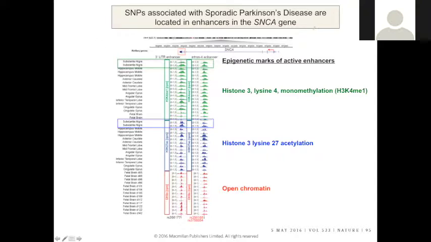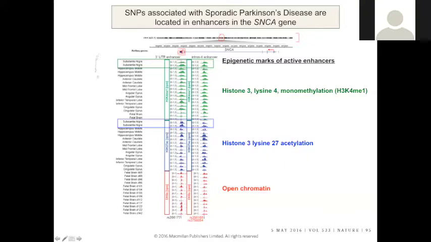So what we see is, here is our chromosome, and it's chromosome 4, and this little red dash that we see here indicates the location of the gene SNCA that encodes the protein alpha-synuclein. There is an enhancer located in the alpha-synuclein gene, and it's in intron 4, which is here, as well as what is called a 3' UTR or untranslated region.